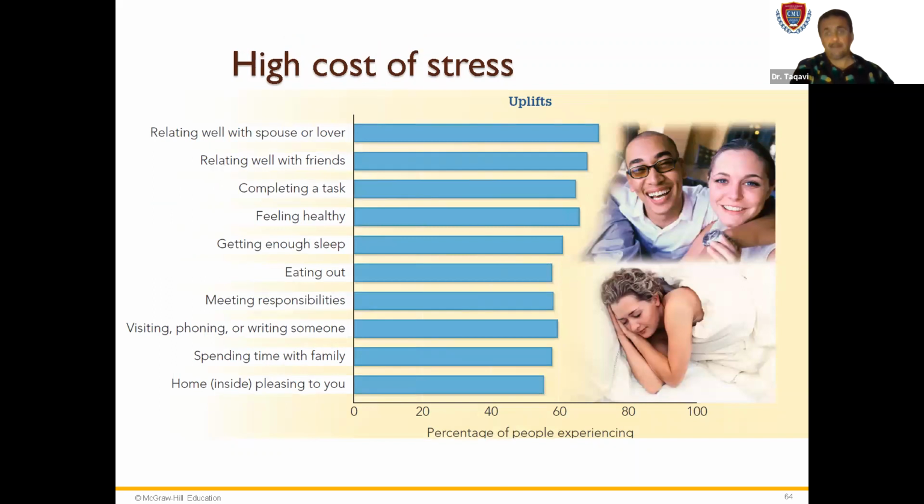And in uplifts, the good events, even in good events, you can experience stress. Why not? But it is not called distress. It is called eustress. Two types of stress, but eustress is the experience of stress in a positive way.